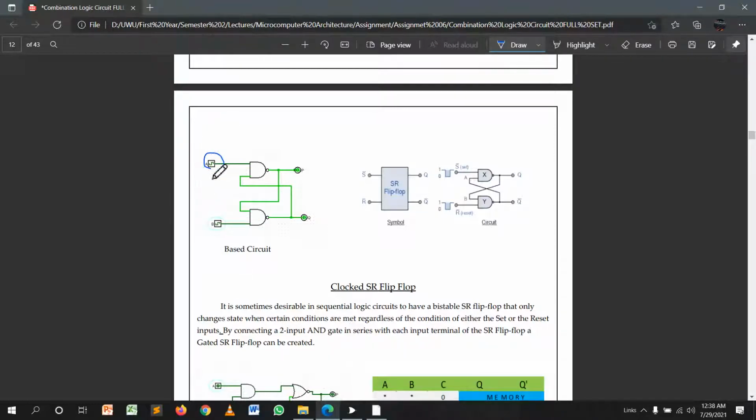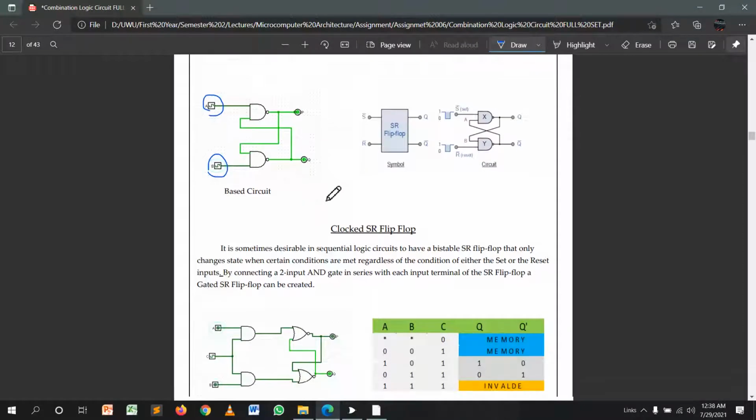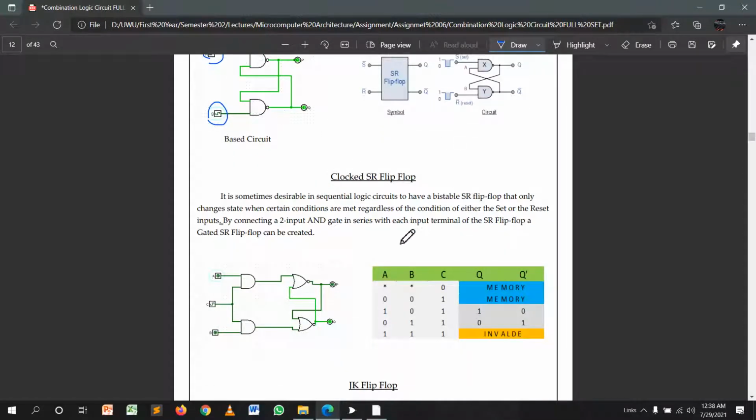This is a synchronous SR latch, then the clocked SR flip-flop. It is a discrete element in sequential logic circuits. The SR flip-flop only changes state when the clock is enabled.